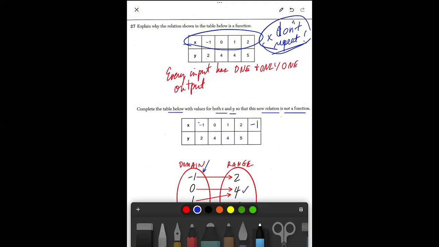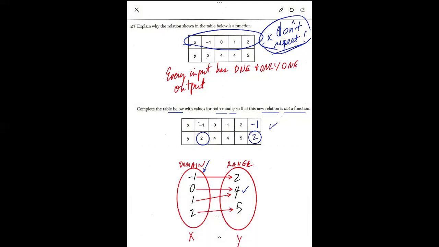No, it's not a function if you put any number in here besides 2. Because if you put a 2 in here, this is still a function. It doesn't matter that you have a -1 over here and a -1 over here. The outputs are the same. You got a 2 here and a 2 here.